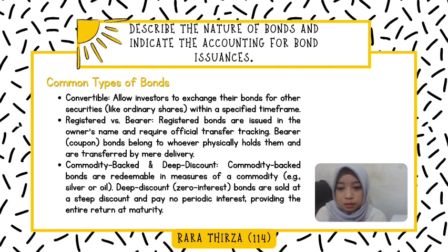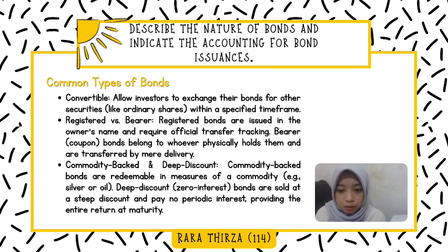The next type is registered versus bearer. Registered bonds are issued in the owner's name and require official transfer tracking. Meanwhile, bearer or coupon bonds belong to whoever physically holds them and are transferred by mere delivery.